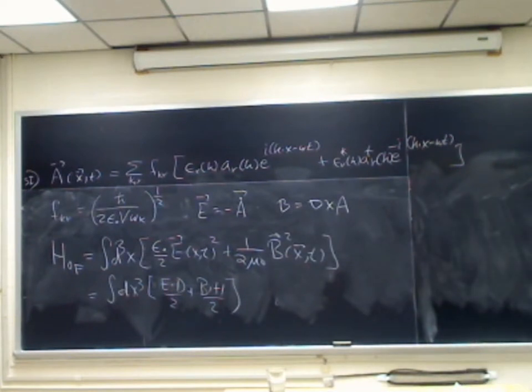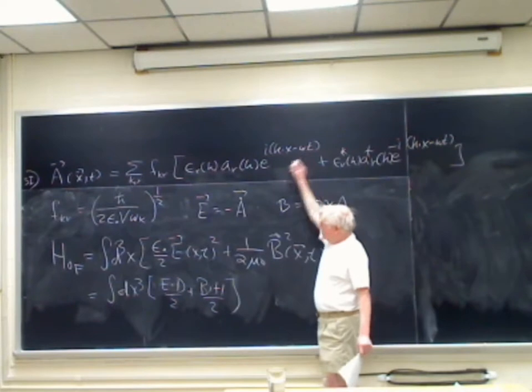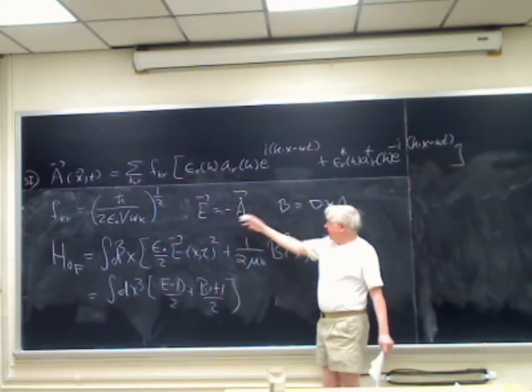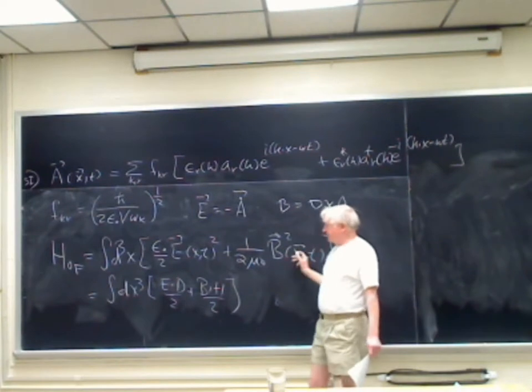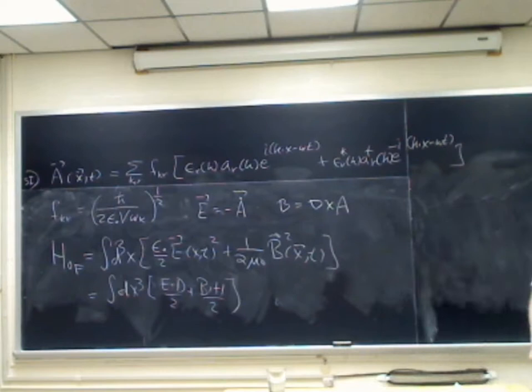Okay. So, as you found when you did the homework problem, when you take this expression for the electromagnetic field, create the electric and magnetic fields, and then substitute into here, you get a huge mess. And in that mess, you see things that are simple and things that are complicated.